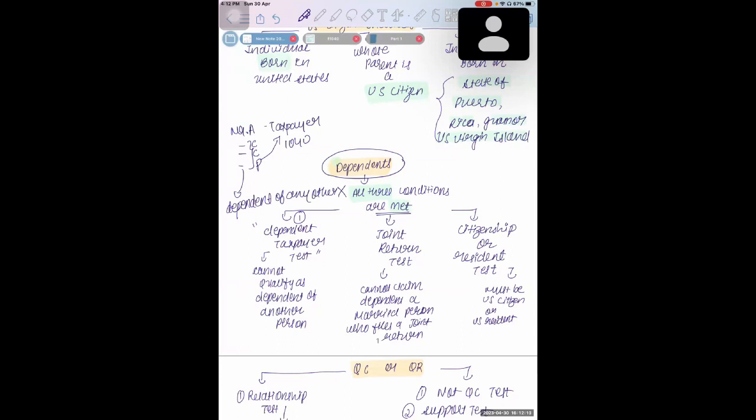Now, does someone have any doubt? Let's say Mr. A is claiming child 1, child 2, and parent 1. Now there is Mr. B, who is also claiming child 1, child 2, and parent 1. This is not allowed.